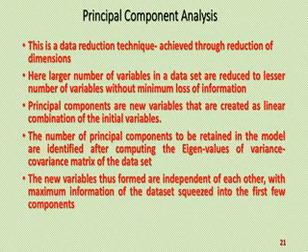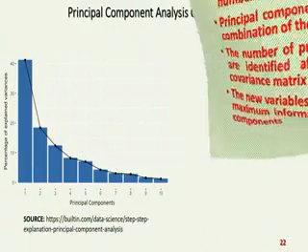The new variables thus formed are independent of each other, with maximum information in the data set squeezed into the first few components. So instead of taking all the components, we can take 3 or 4 components. Ultimately your data set which had 20 variables might be condensed into 4 newly created variables, which are actually linear combinations of all the 20 variables, but we have them in different ways.